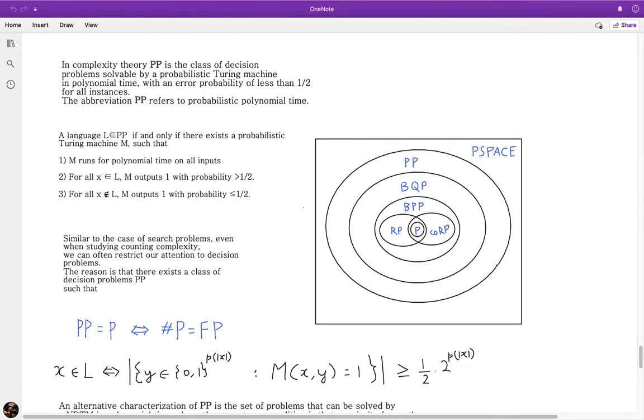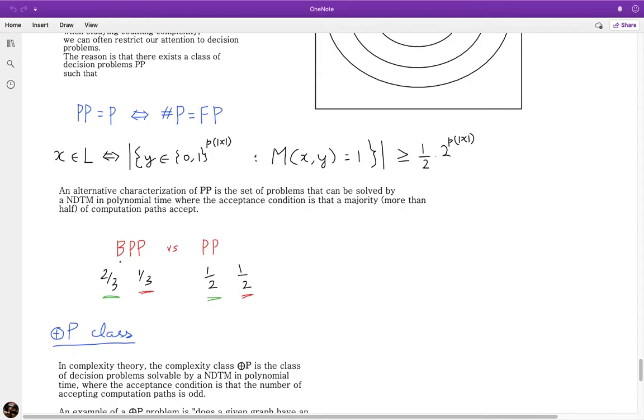We can see P, which is polynomial, which is a subset of RP, which is randomized polynomial, as we have learned before in the course, and co-RP, which are both a subset of BPP, which is bounded probability polynomial, and this whole thing sits under PP. So we can show that BPP is a subset of PP here.